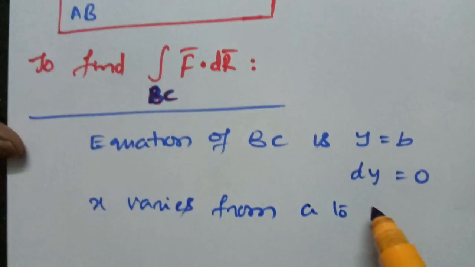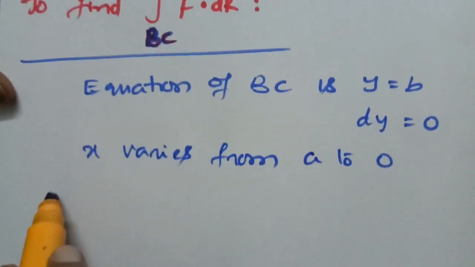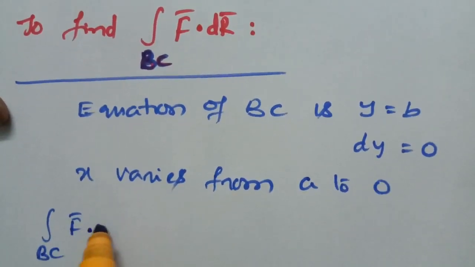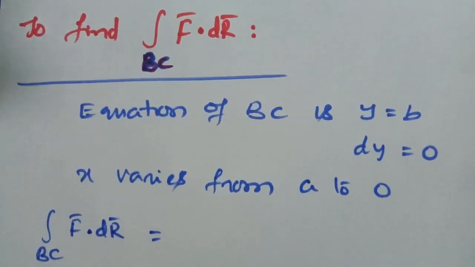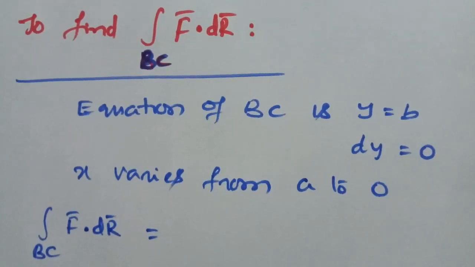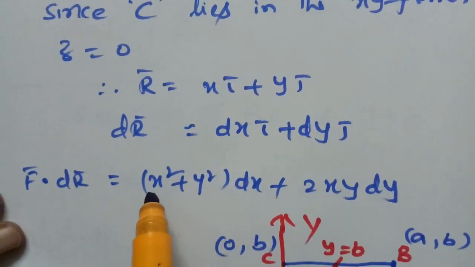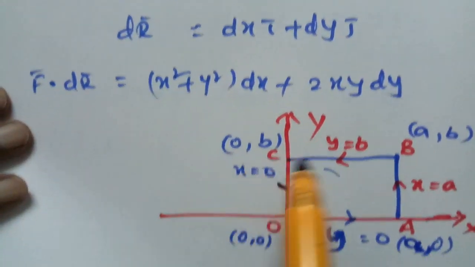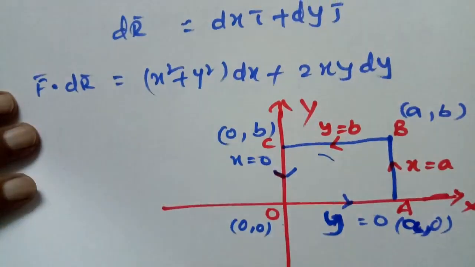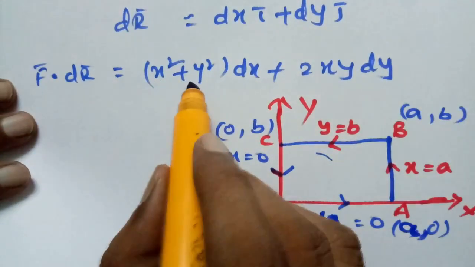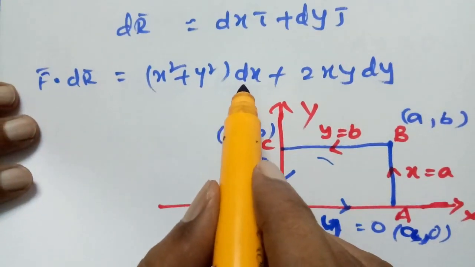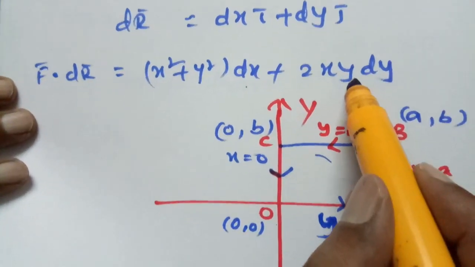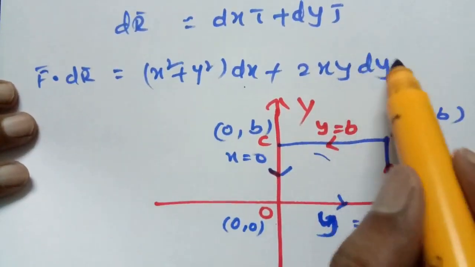Therefore, integration along BC of f bar dot dr bar is equal to, now, x square plus y square. So here y is equal to b. So x square plus b square into dx, plus 2x into y equal to b, 2bx, but dy equal to 0.